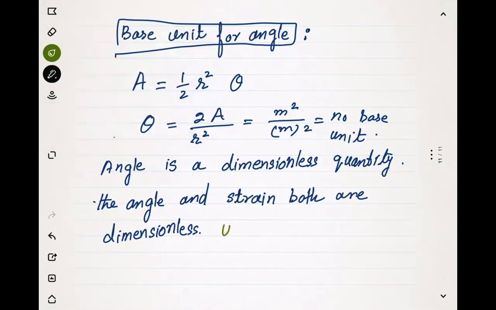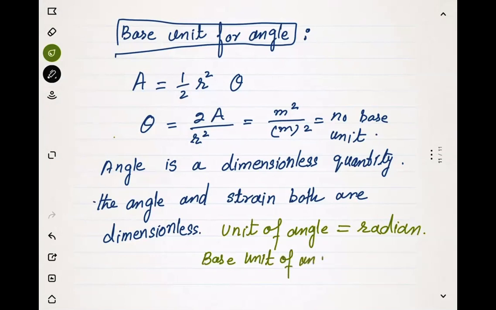Now, the unit for angle is radian. The unit of angle is radian and the base unit of angle is no base unit, it is dimensionless. Angle has no base unit, that's why it is called dimensionless.